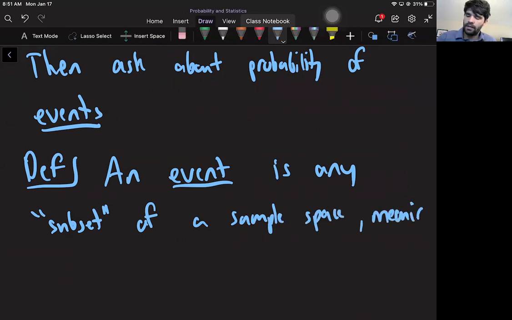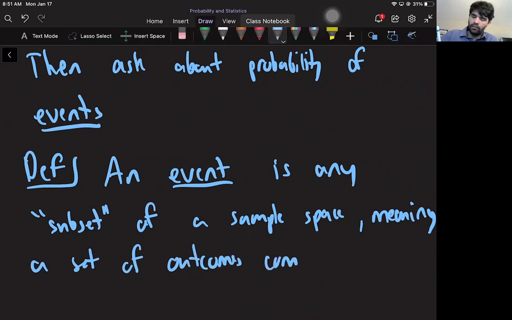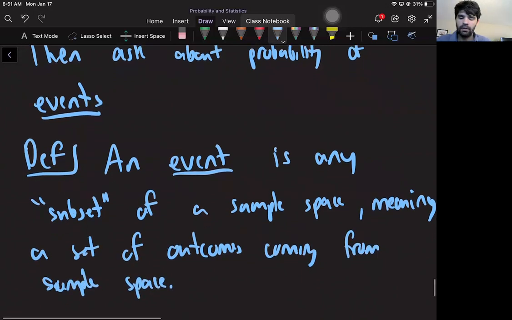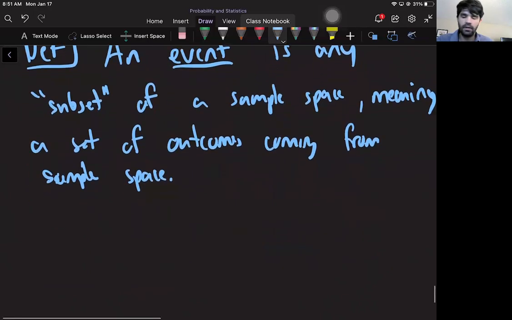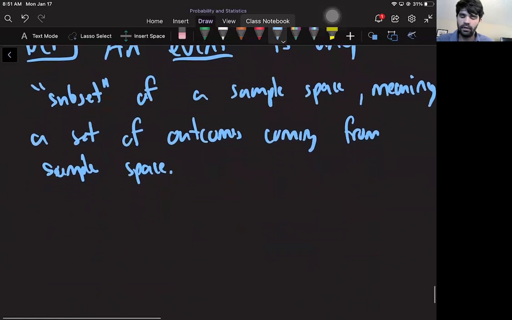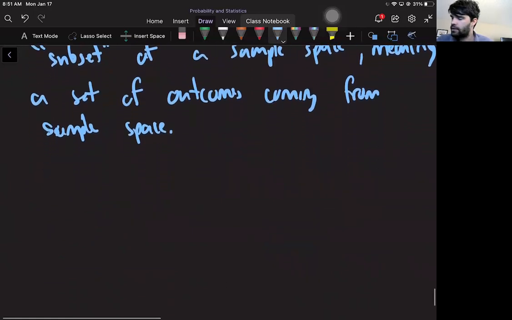Meaning a subset is exactly what it sounds like, a set of outcomes coming from the sample space. So it can include any number of outcomes from the sample space. It could include 7, 100, it could include one of them or all of them. Those all count as events.